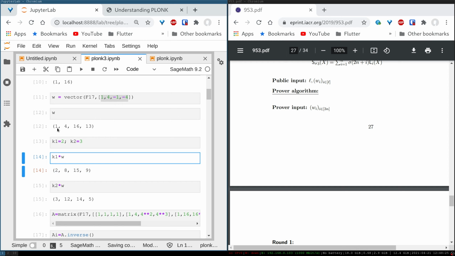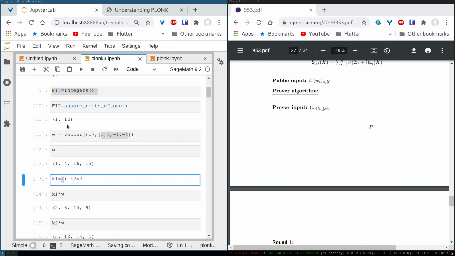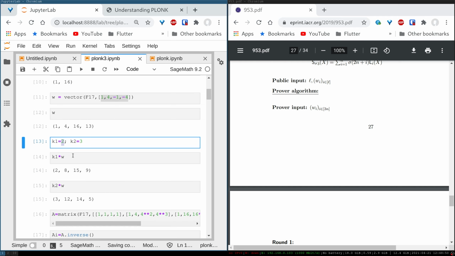So W is this set. I just have to multiply the starting point by a value that is not in the set, and then we have another set, 2, 8, 59, and then a third one multiplying by 3. So I chose K1 as 2 and K2 as 3, and I have these parallel sets.